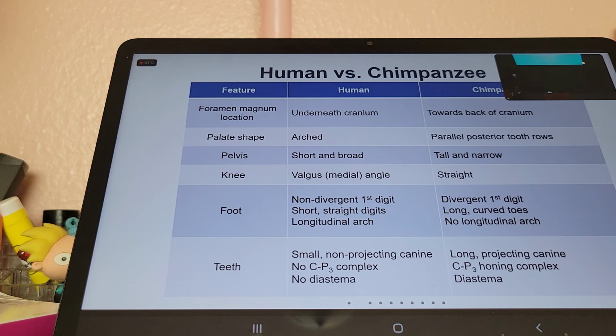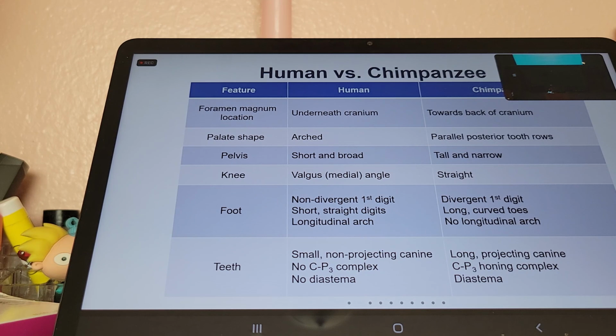Right? And those are the traits you see there. And the differences can help us identify fossils that are part of our family tree because they share traits associated with or necessary for bipedalism.